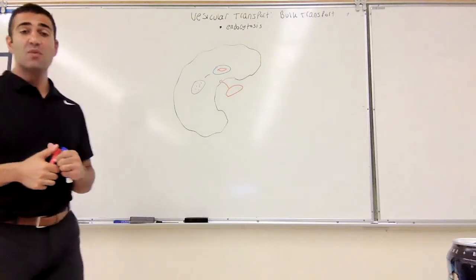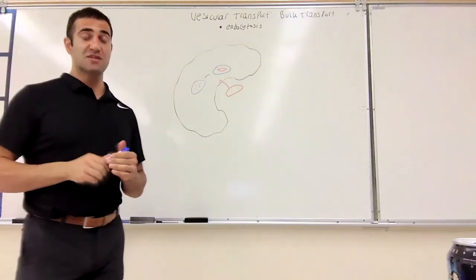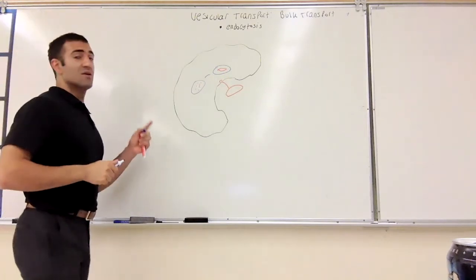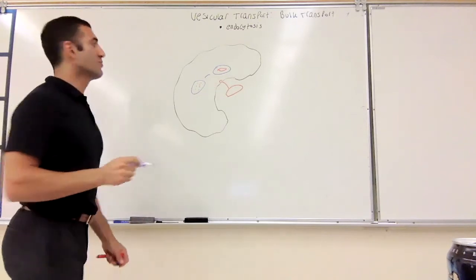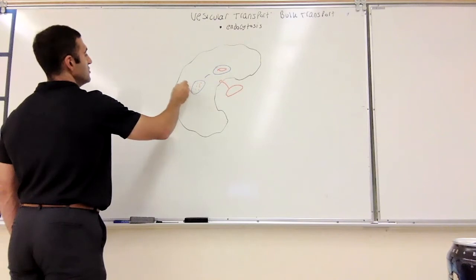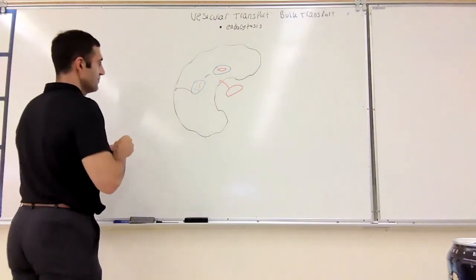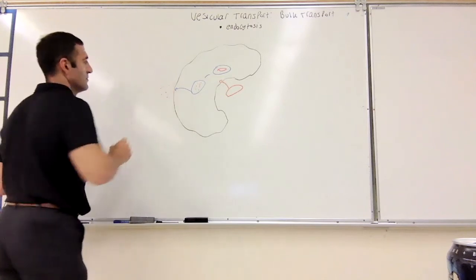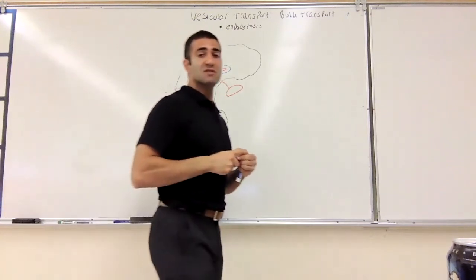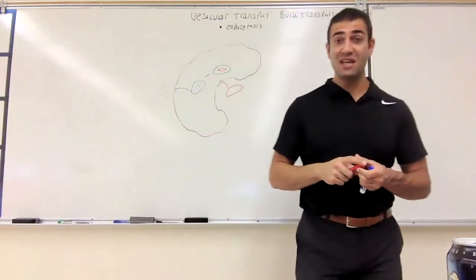Now, at that point, we are going to do a process called exocytosis, where the vesicle, exo means out, is going to take the cellular debris and is going to merge with the cell membrane and is going to dump out the cellular contents. Endocytosis, something is taken into the cell.